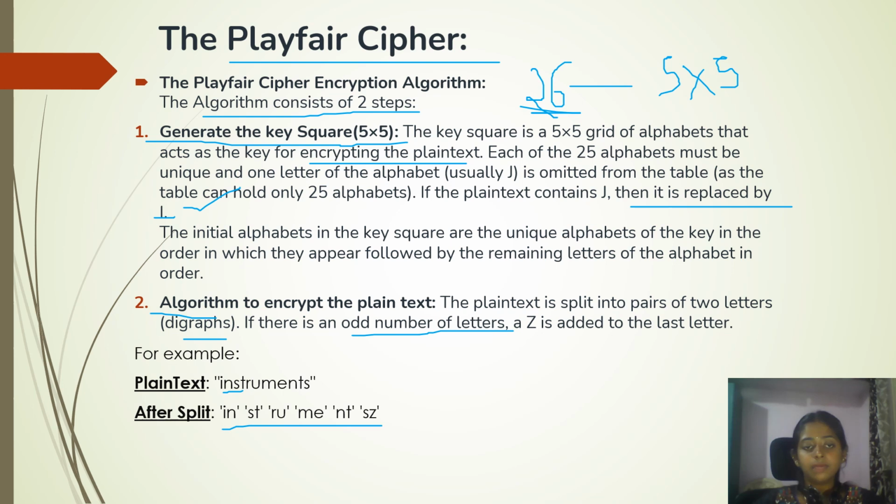Why SZ? Because IN is split, then ST, RU, ME, and NT. So S has nothing. The second element of the pair is nothing, so we will be writing it as Z.